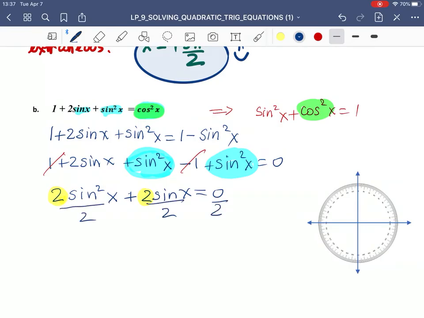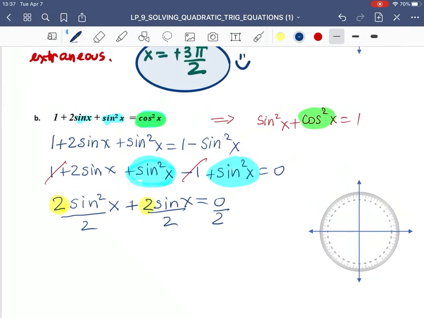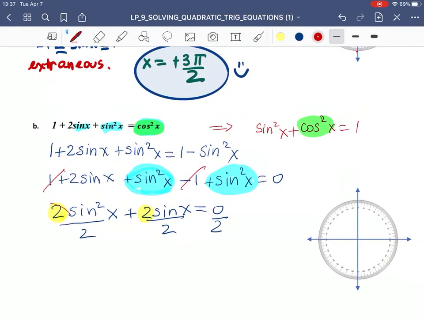And that's what we're going to do now. And we're going to see even a lovelier equation here. So we go 2 and 2 simplifies, and the left side becomes sine squared x plus sine x equals 0.